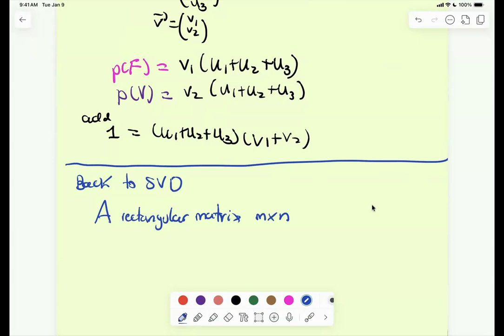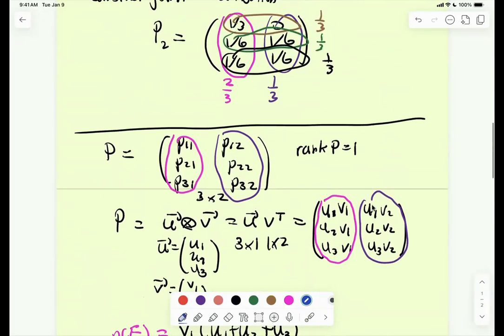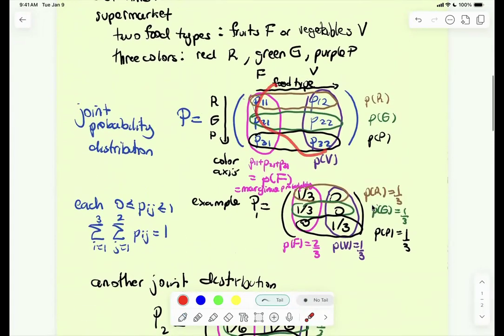Well, the thing is, you're saying this has 6 numbers, right? But since they add up to 1, there are only 5 independent numbers.